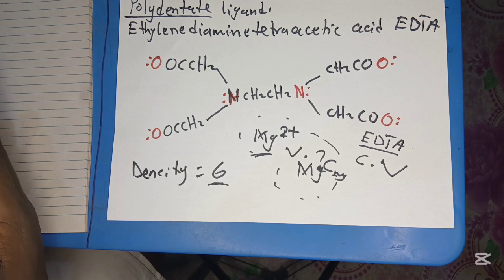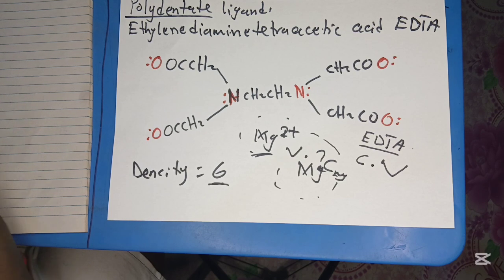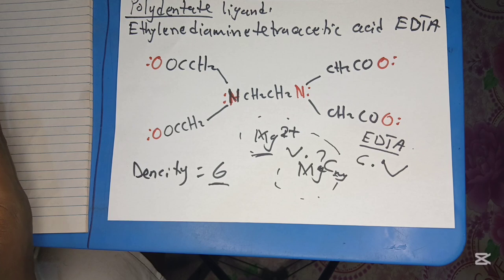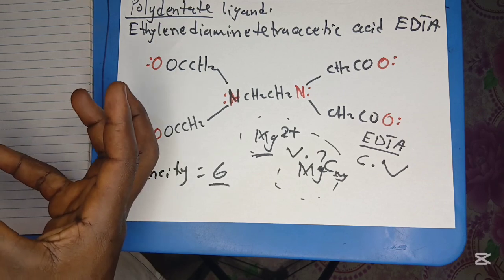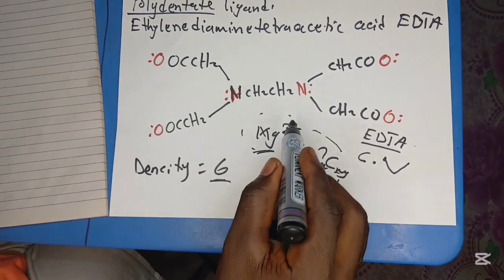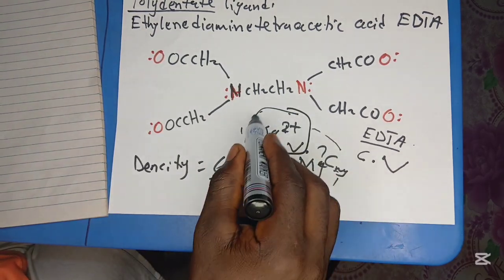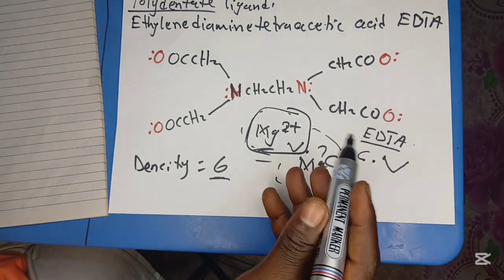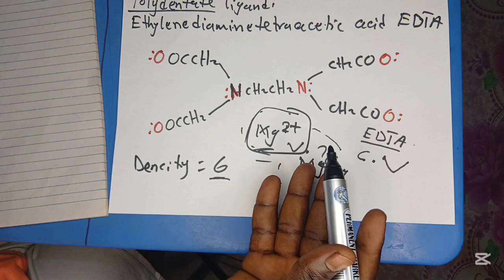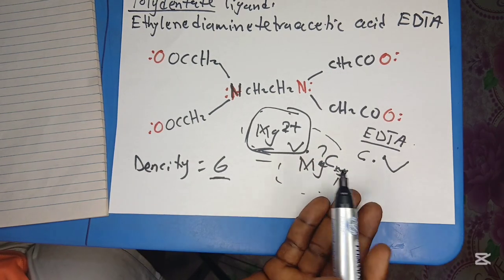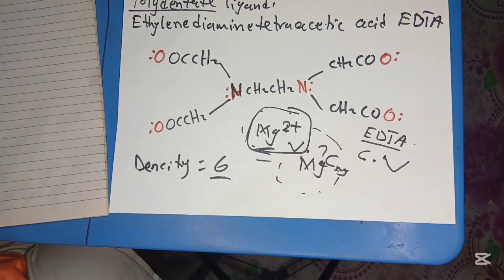If EDTA is introduced into the system and we have toxic metal ions, the EDTA is going to form a stable complex with the metal. Since the metal is poisonous, and EDTA forms a stable complex with the metal ion, it's not going to have a huge effect on the biological components.